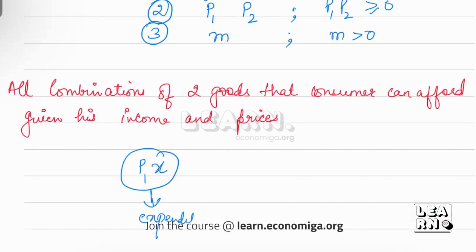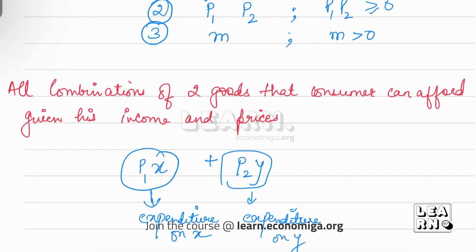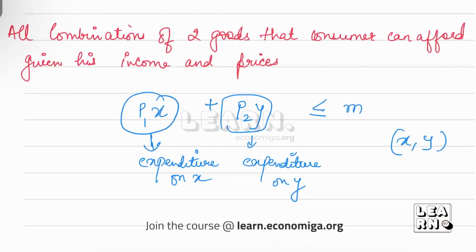The total money spent on good 1, which is good X. For good Y or good 2, the price is P2 and the amount of good Y you're buying is just Y. This gives you the expenditure on Y. And if this total expenditure is less than or equal to your money income, that means you can afford the combination XY, right? You could buy numerous combinations like that. So this gives you your budget constraint.